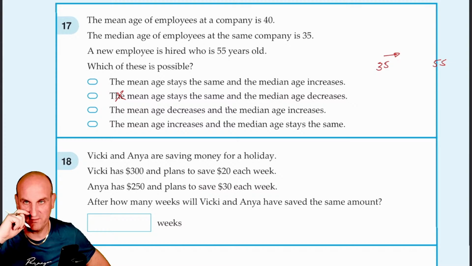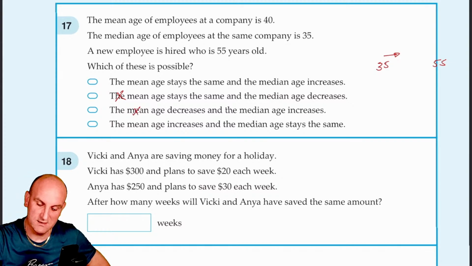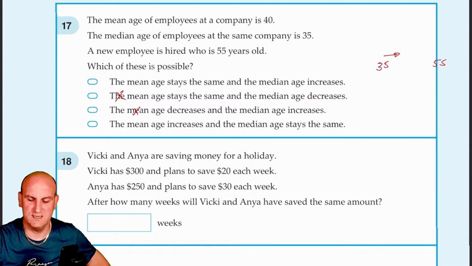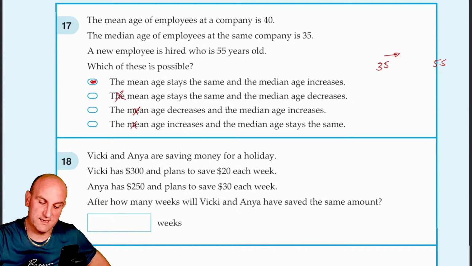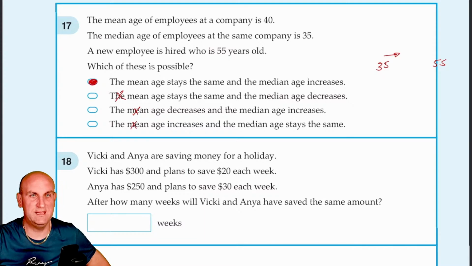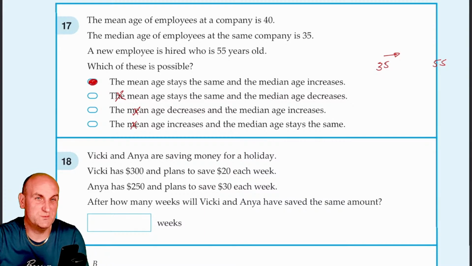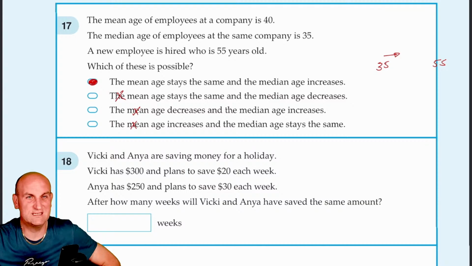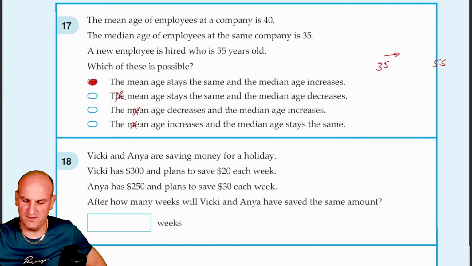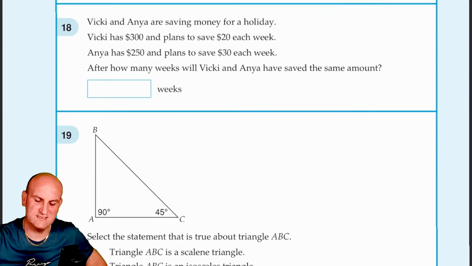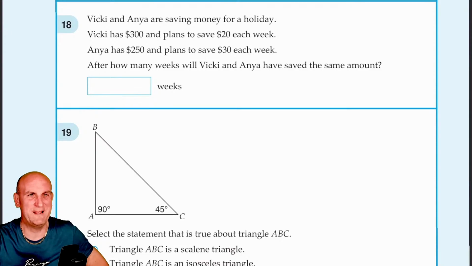Highly unlikely if I've got someone who is older. So the mean age increases and the median age stays the same. Well, okay, by a process of elimination, I'm going to say it has to be A. Theoretically speaking, lots of people could be 55 years of age, in which case the mean age maybe wouldn't stay the same, because we might have a lot of 55-year-olds there. But again, these are harder. These are more mind tricks than maths.